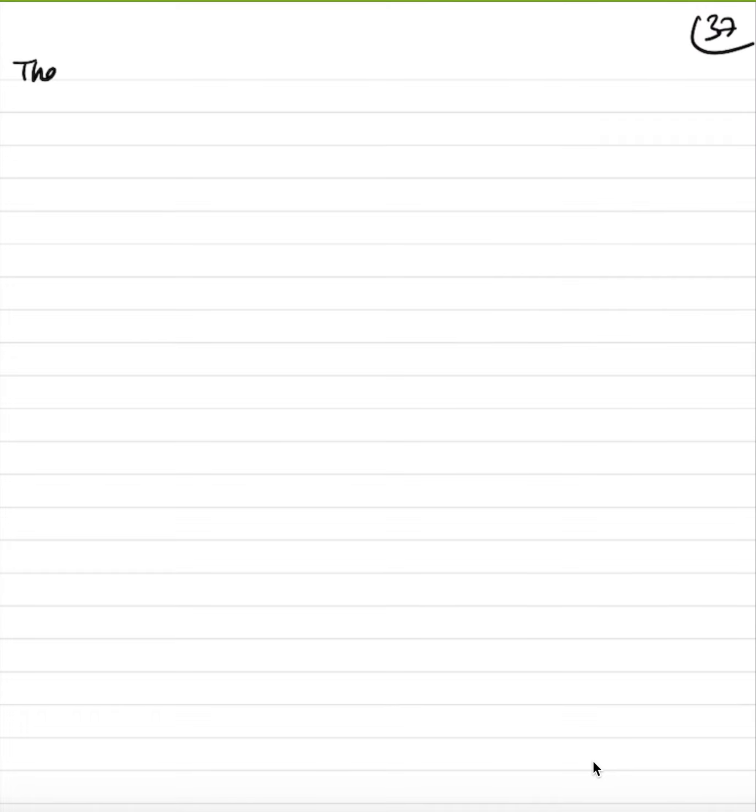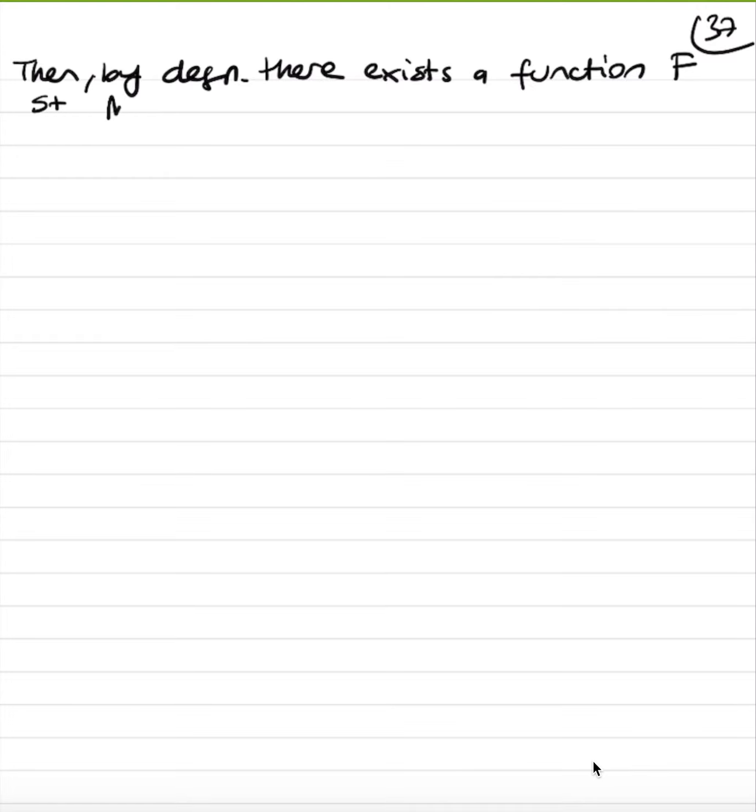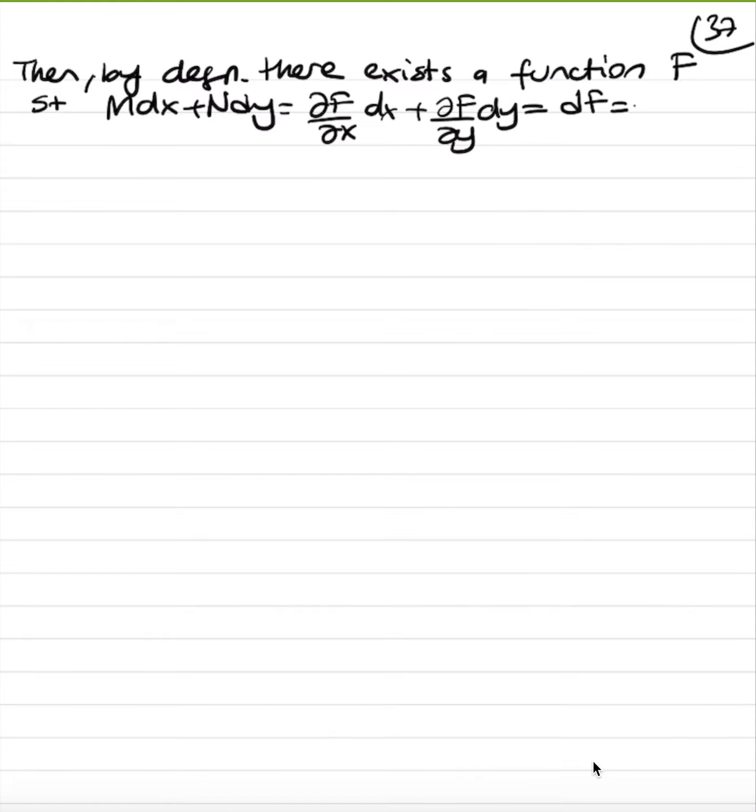Then by definition, we know that there exists a function f such that m dx plus n dy is equal to del f over del x dx plus del f over del y dy, so df is equal to 0.